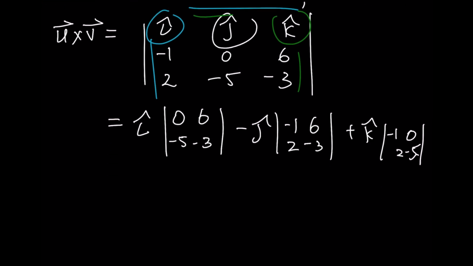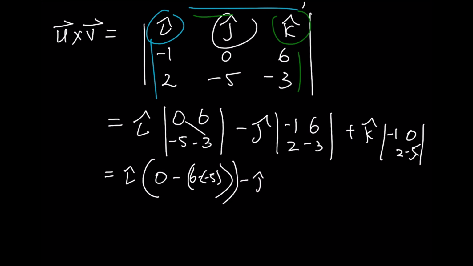If I now compute those 2 by 2 determinants, I'm going to take this first diagonal, 0 times 3 is 0, subtract 6 times negative 5. Then I'll get a negative j. I'll have negative 1 times negative 3 is 3, subtract 6 times 2 is 12. And then I'll get a k.